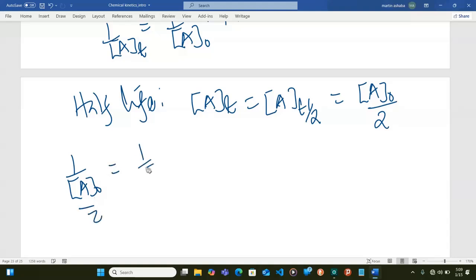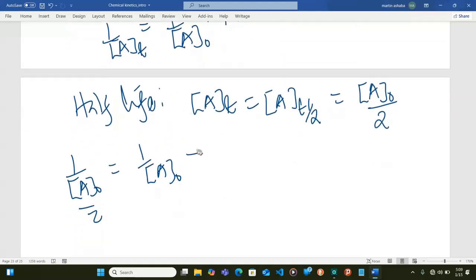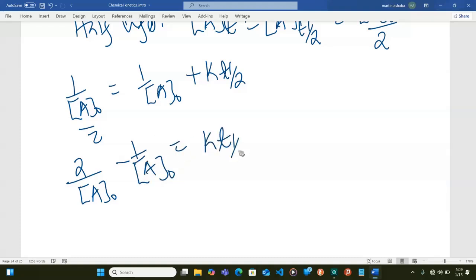This is equal to 1 out of the concentration of A at t equal to 0, plus k times t half. So I'm going to move this to the other side. Remember, this now becomes 2 divided by [A] at t equal to 0 minus 1 out of [A] at t equal to 0 equal to k t half.